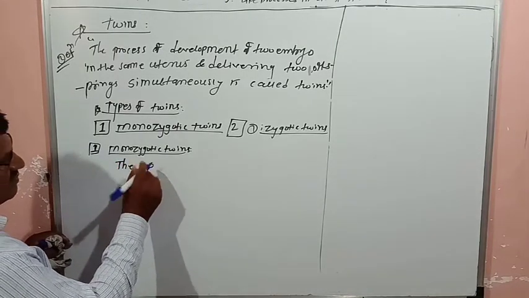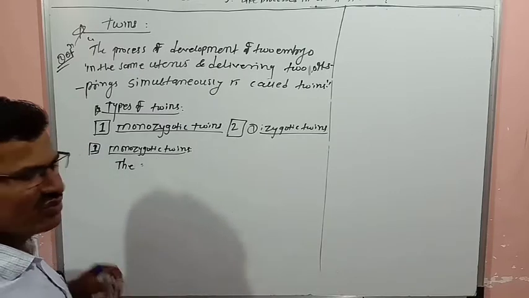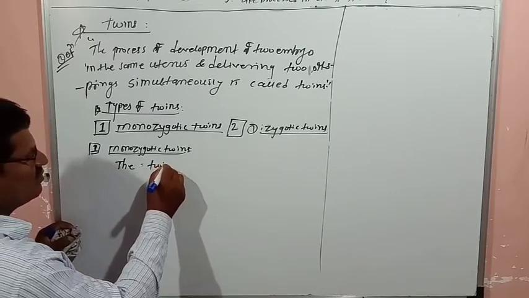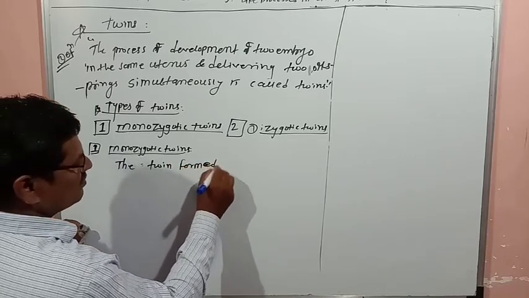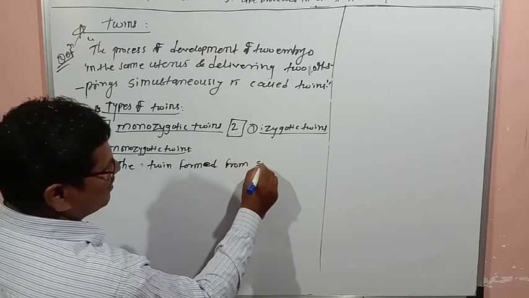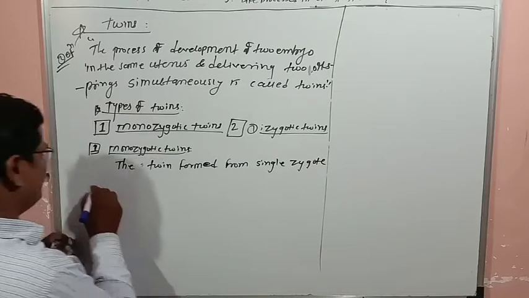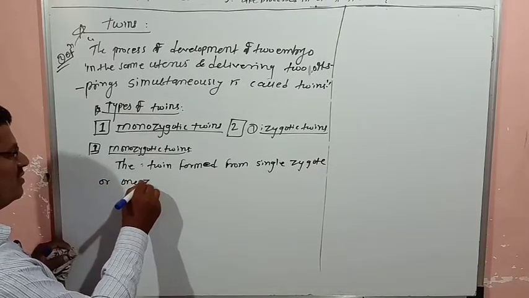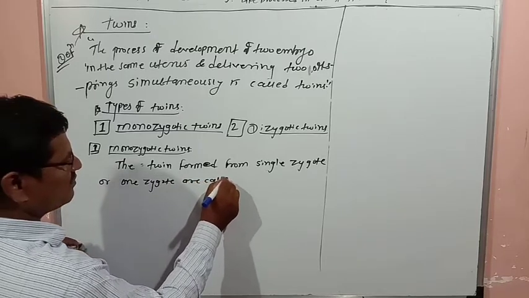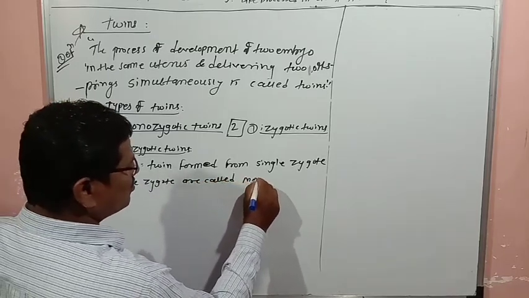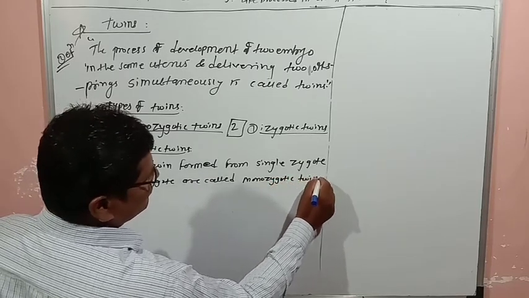The twins formed from a single zygote or from one zygote are called monozygotic twins.